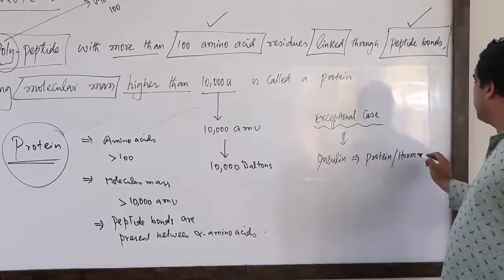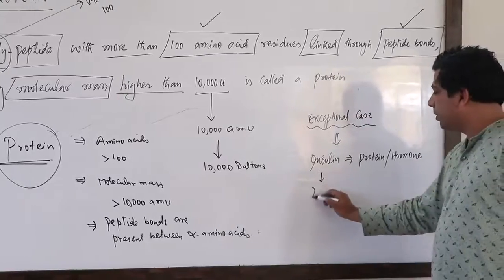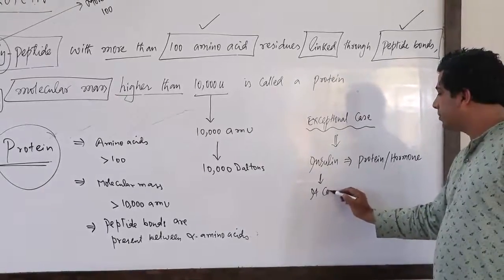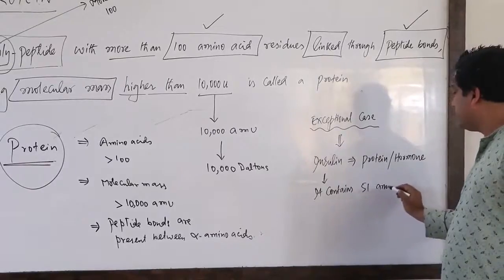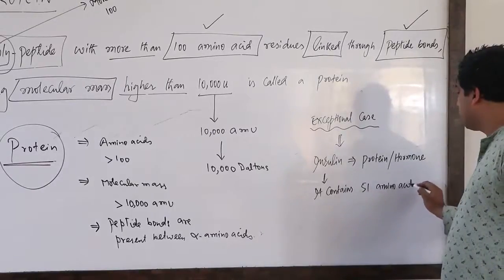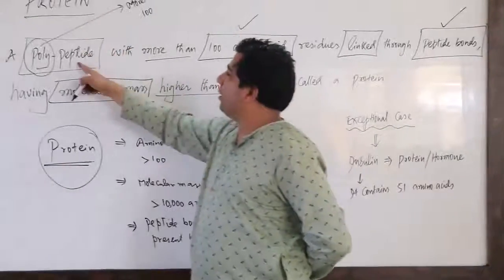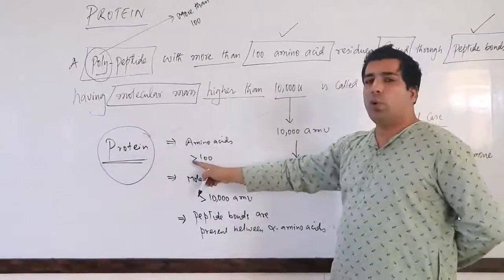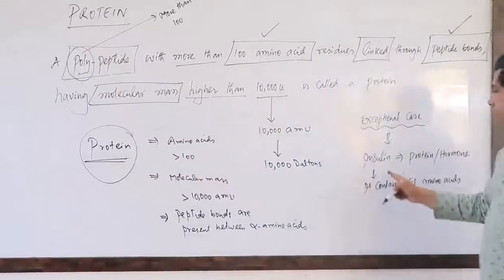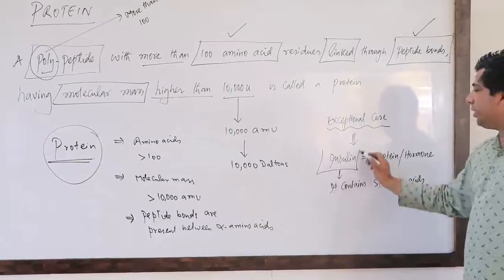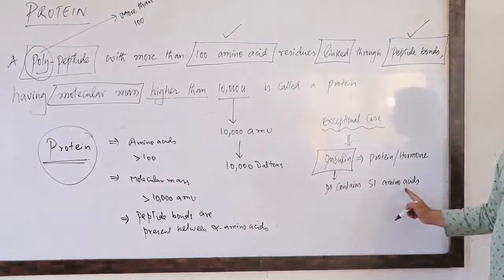Insulin contains 51 amino acids. When we look at the definition of a protein, more than 100 amino acids should be in a protein. But look here, I am telling you that insulin is a protein and it contains only 51 amino acids.